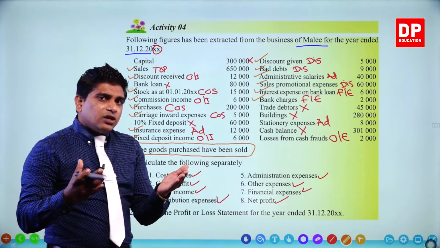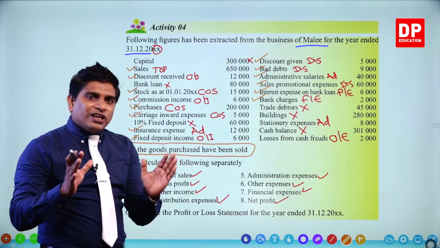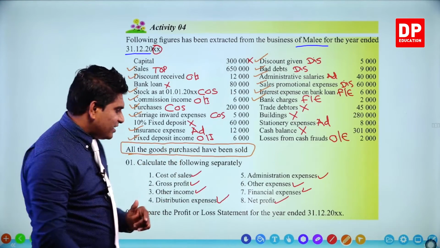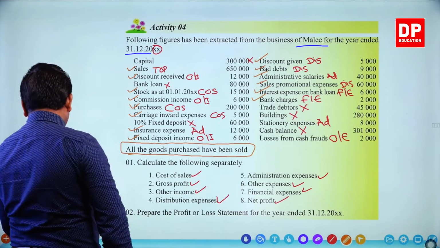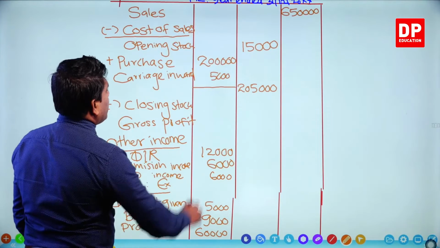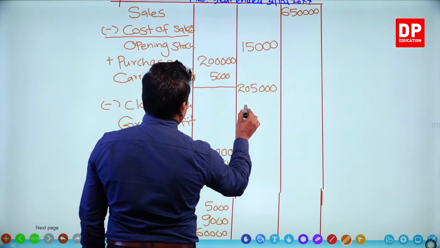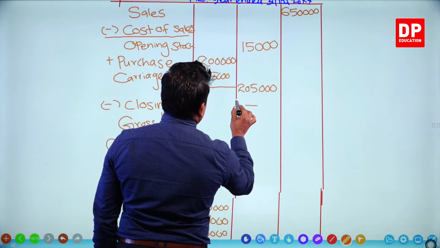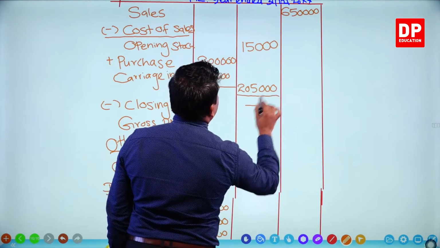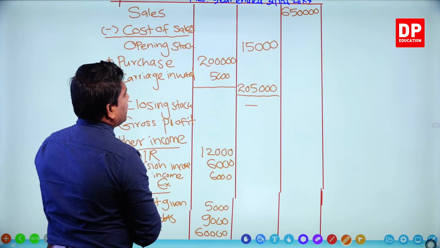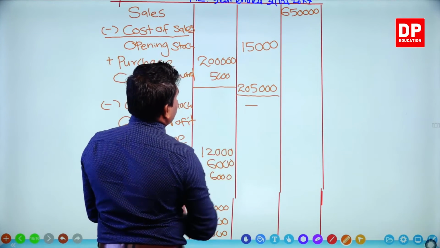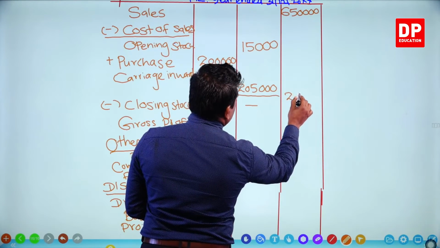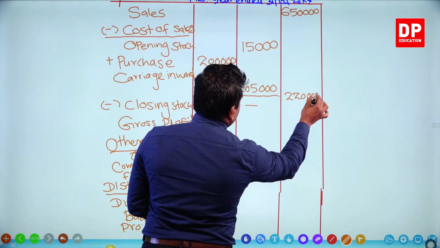It tells no closing stock, so closing stock is 0. Now do the calculation. Draw a line here, and you get the total directly in the third column: 205,000 plus 15,000. The total is 220,000. It is the cost of sales.